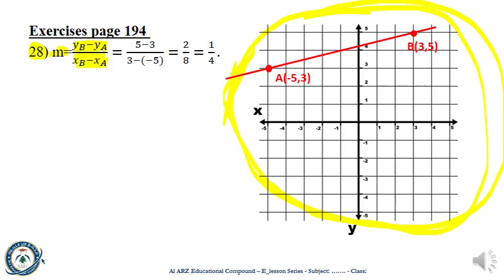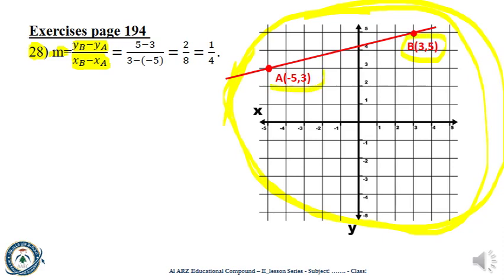So all you have to do is find 2 points A, B on this straight line, knowing their coordinates. And what you're going to do is y of the first point minus y of the second over x of the first minus x of the second. That's it. As simple as that.